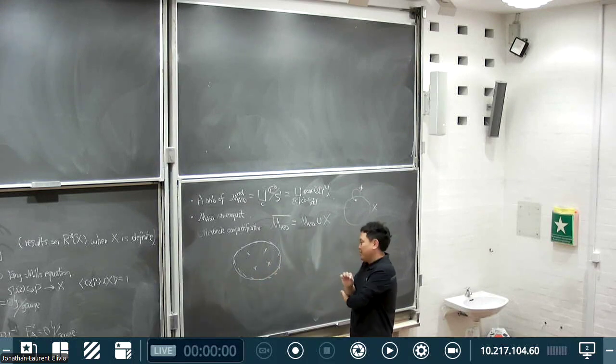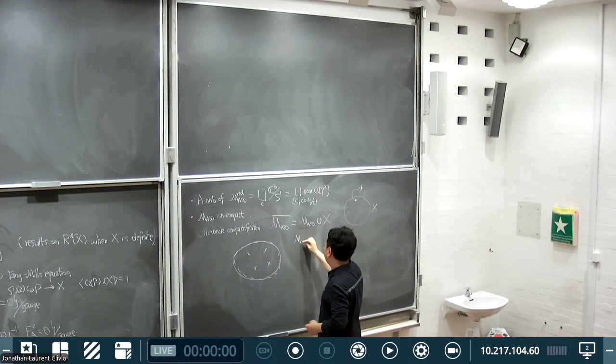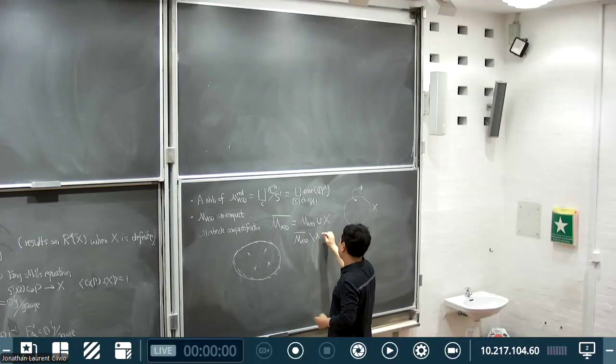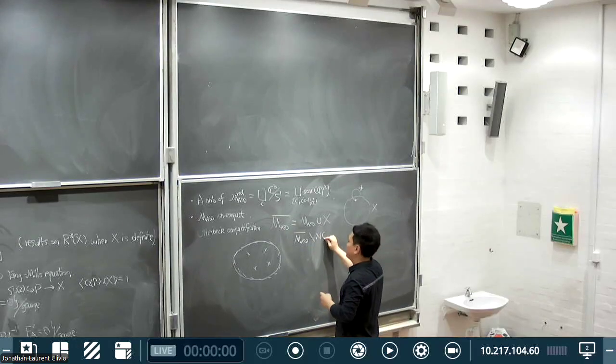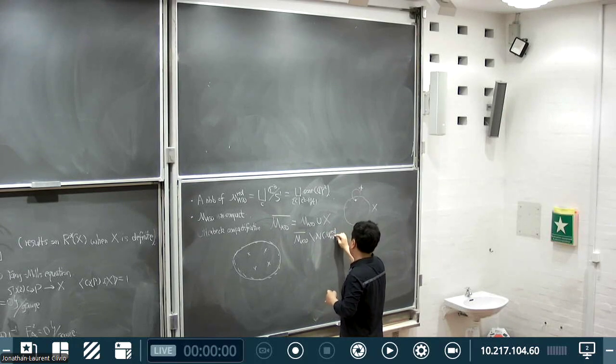Okay. All right, now what do we do? Now, okay, beautiful. What we do is we just remove a tubular neighborhood of this singular locus. Okay.